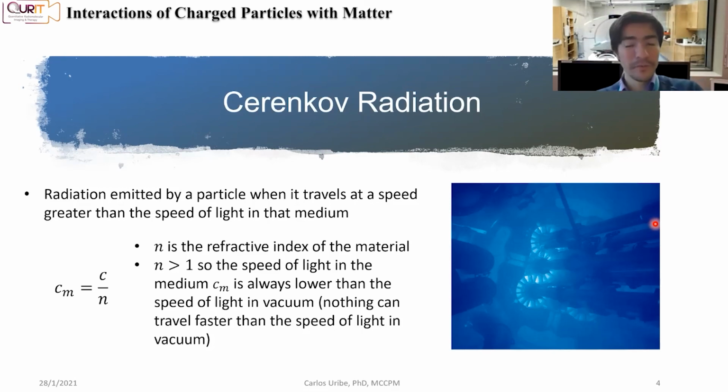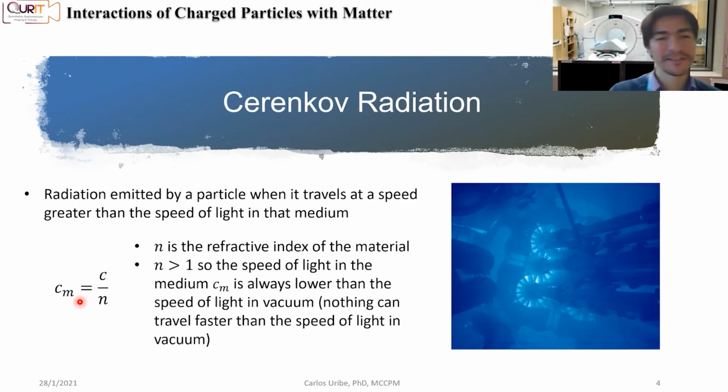The reason for that is that you can have particles moving at a higher speed than the speed of light in that medium. So again, nothing can move faster than the speed of light in vacuum, but things can move faster than the speed of light in some medium. And that's given by the refractive index of the material.